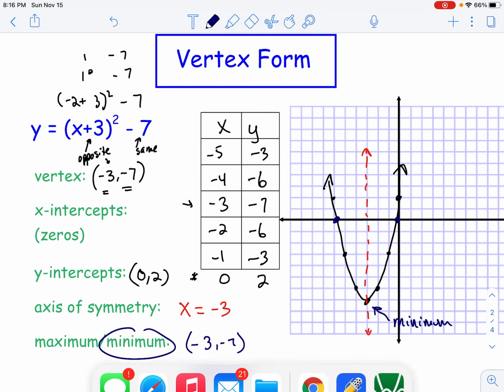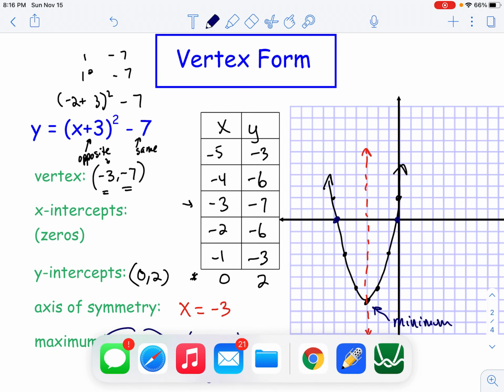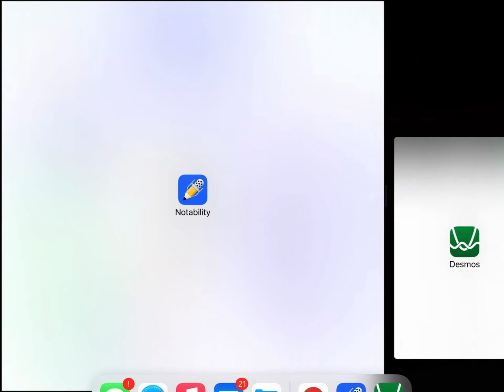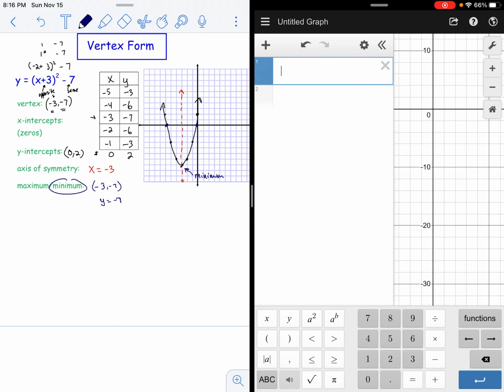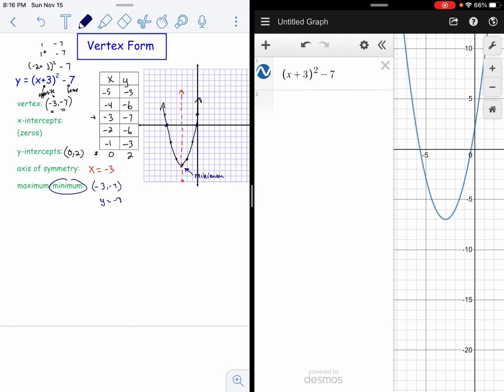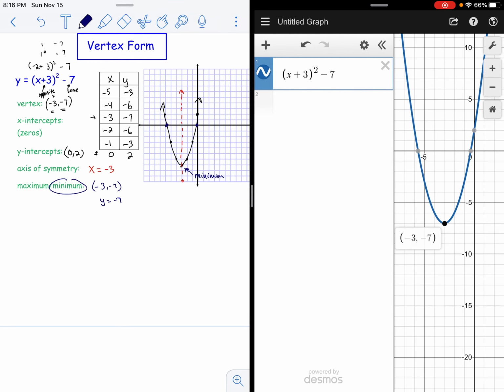So I'm going to pull up Desmos. There we go. Let's split screen for a little bit here. And let's type that one in. We've got, in parentheses, x plus 3 squared, and then minus 7. All right, so we can zoom in on this. There's our vertex, negative 3, negative 7. And then our x-intercepts are not a nice friendly number.